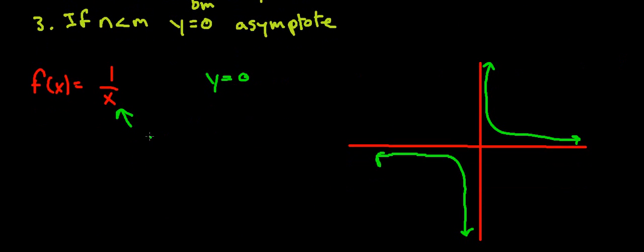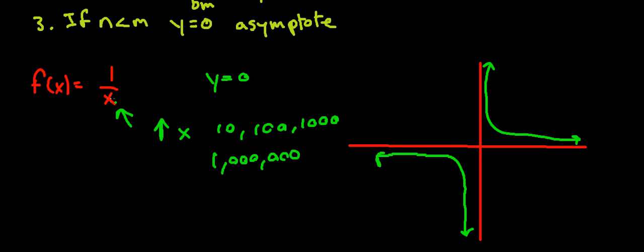So we can see here as we put in larger numbers for x, we can start with 10, this is 1/10, then we can put in 100, then this is 1/100, we can put in 1,000, this is 1/1,000, we can put in 1,000,000, and this is 1/1,000,000.